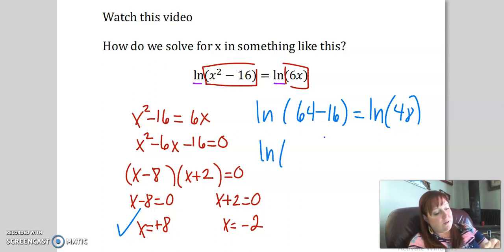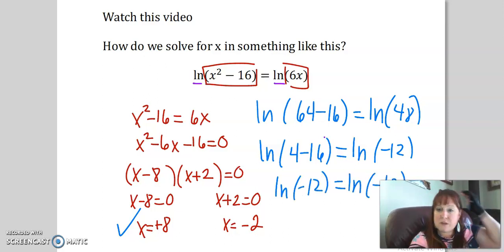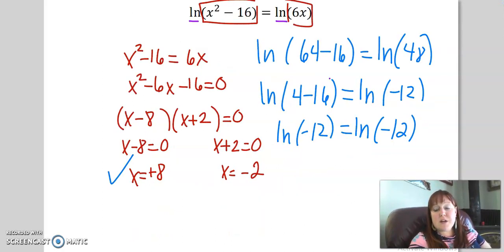ln of, let's see, that's 4 minus 16 equals ln of negative 12. Okay, and you're like, oh yeah, ln of negative 12 equals ln of negative 12. But what is wrong with this picture? We can't put a negative number into a log function, remember? Because our argument is the answer to an exponential function.